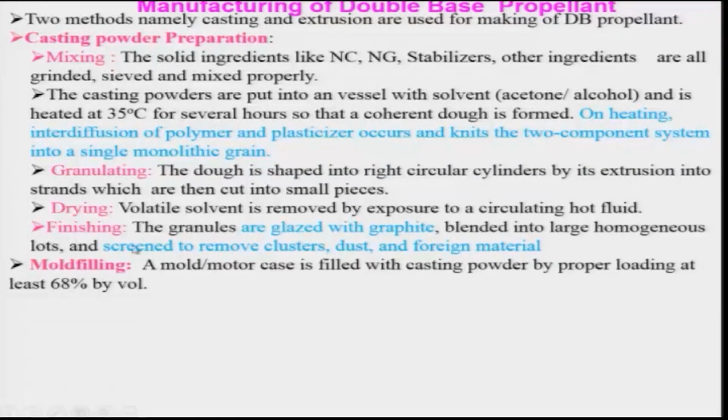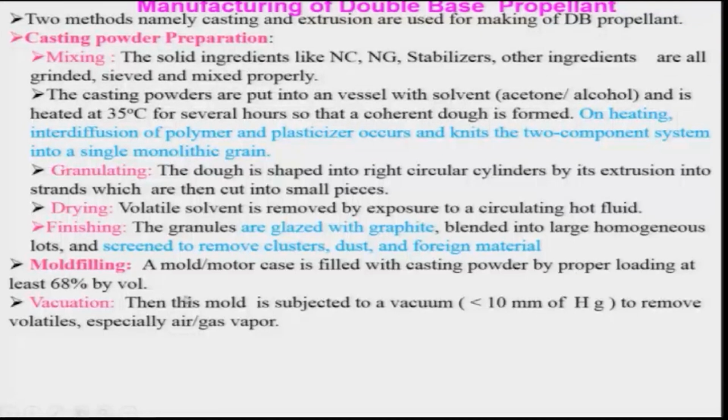After making these casting powders, they are placed in a mold or a motor casing with proper loading, such that it fills the mold to at least 68% by volume, and for that a little more air pressure or other means may be used, so that the compactness of the grain will be better. This process is known as mold filling.